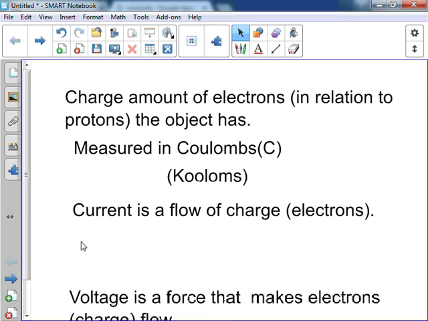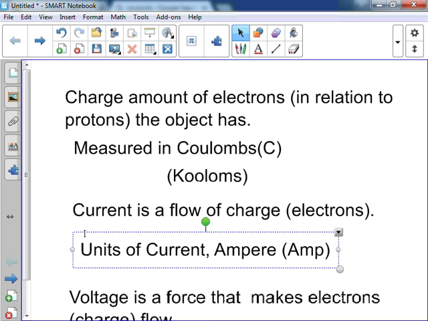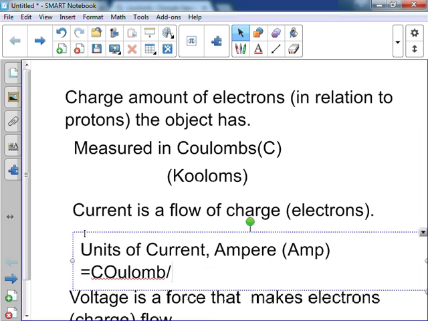So that would be 1 amp. Units of current, or amps, or ampere, right? And I usually call it amp, so do most people. Ampere is another French guy. So this is coulomb per second.